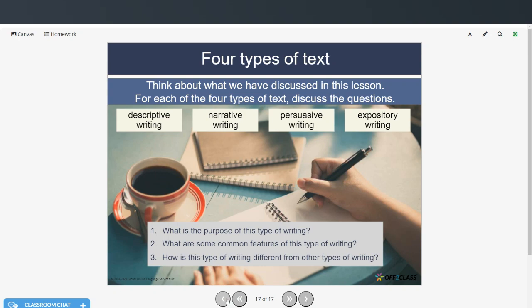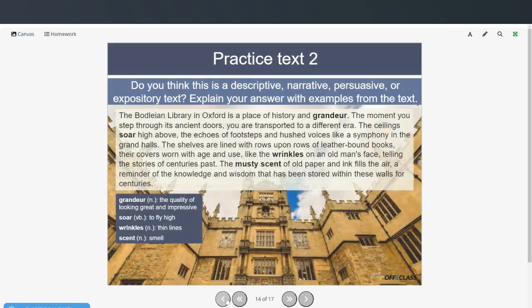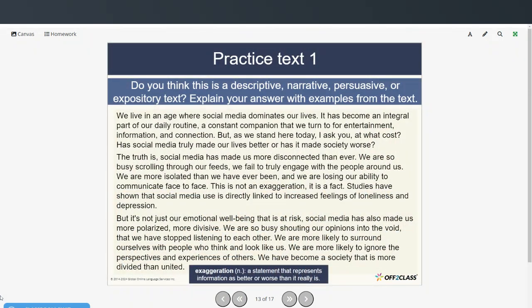All right, so let's go back and talk about your possible answers. This first one is probably, I would say, persuasive. Some of the things that you might have used to support that answer: there's a lot of use of we and I, so a lot of personalizing. A lot of it is the writer's opinion.